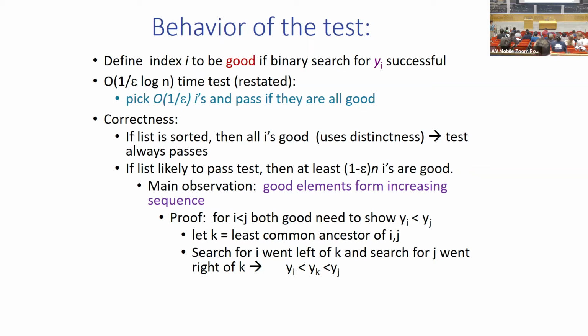So pairwise, every pair of elements is in the right order. Now the question is, why are they all in the right order? If they're not all in the right order, there has to be some pair that's out of order. And I'm saying no pair is out of order. Okay, good questions. Great, thank you.